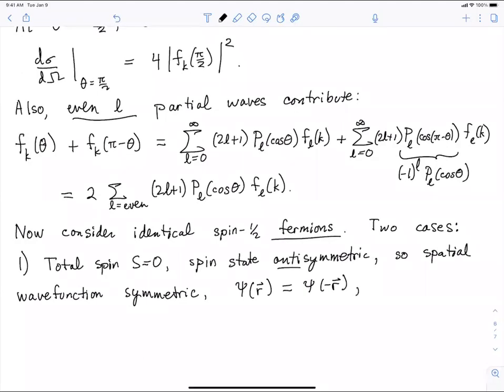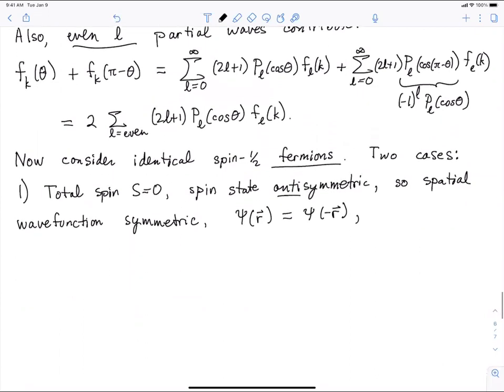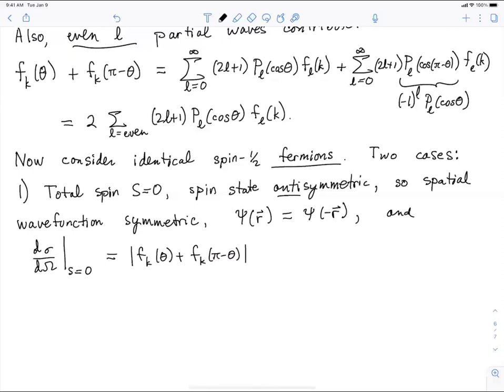Okay, and that means that everything goes through just the same way it did for bosons. That's if they're in a spin 0 state, they go just like spin 0 bosons. So d sigma by d omega, the differential cross section in the spin 0 state, or in the spin 0 combination, just looks like this, just like we had before. Okay, and this is just like for bosons.